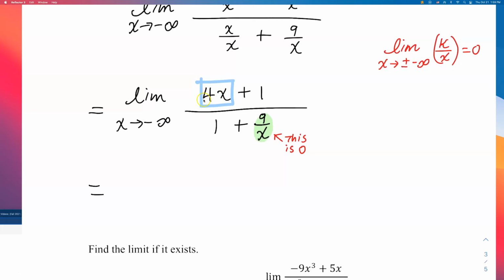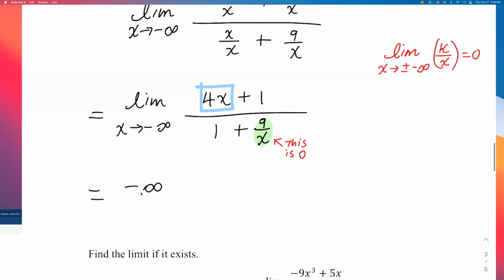So because of that, the limit will just be negative infinity. I like that this was 1, this was 1, this was 0, but 4 times x on top of the fraction, that's just going to be 4 times negative infinity. So it doesn't really simplify any further.